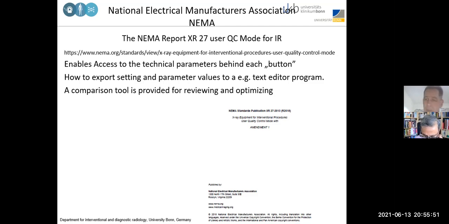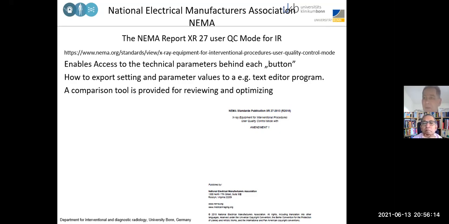It is something a physicist in interventional radiology should have as his booklet at his breast. You should look into that if you are puzzled or if you are having problems, because this enables you access to all technical parameters behind each button for every vendor.